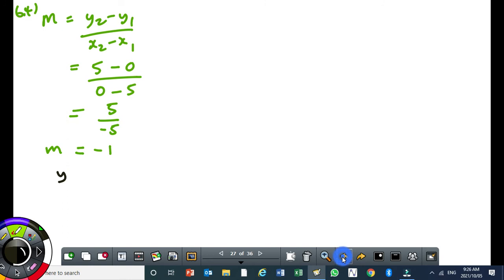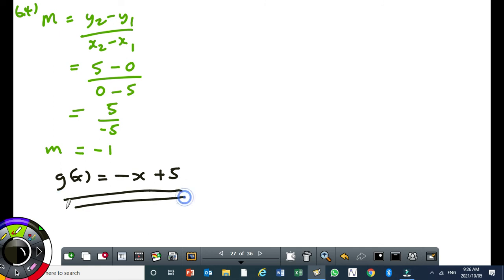So g of x is equal to, I found the gradient is minus 1. Remember your equation of the straight line is y equal to mx plus c, so g of x equals minus x plus 5. Because the general equation is y equal to mx plus c. c is 5, m is minus 1. Do you see that it was not that difficult? No, it wasn't.